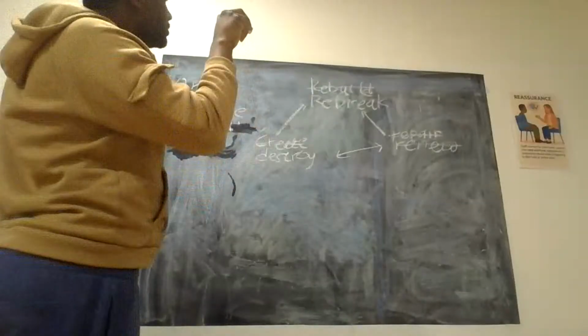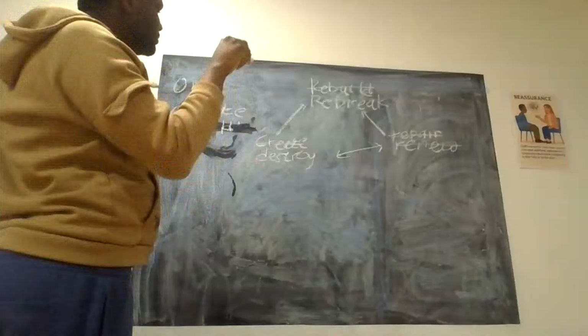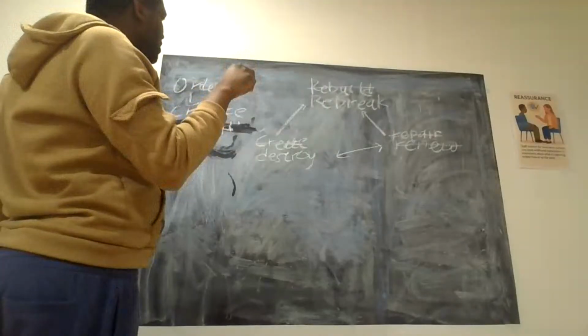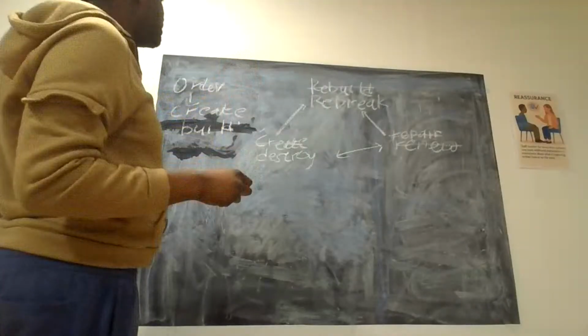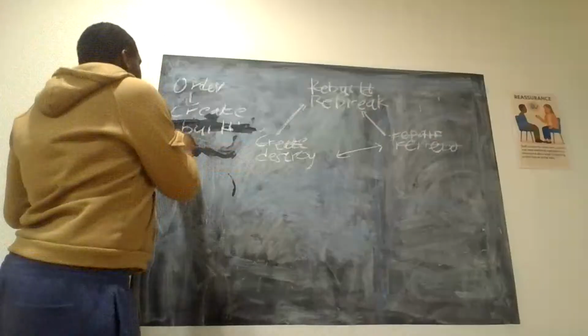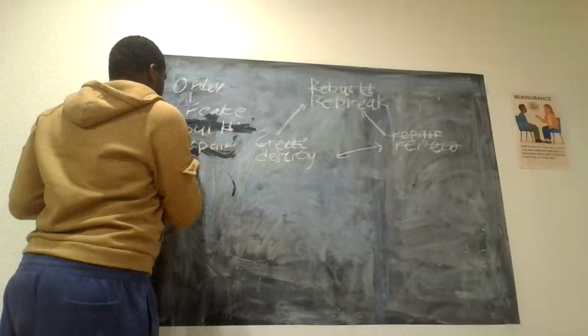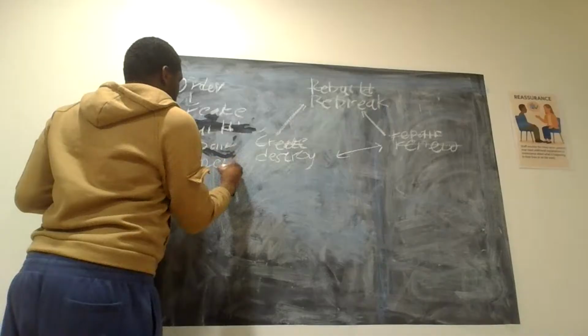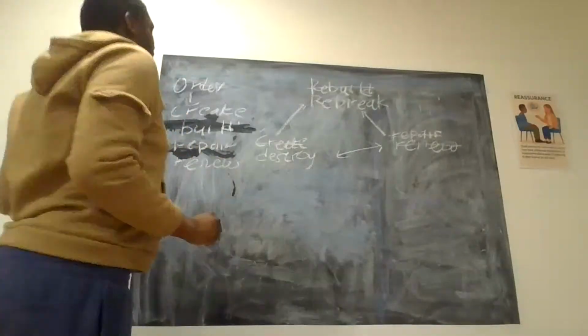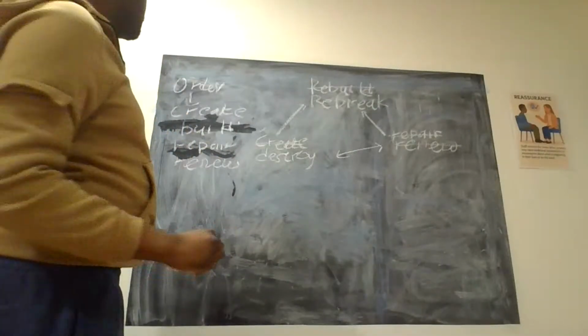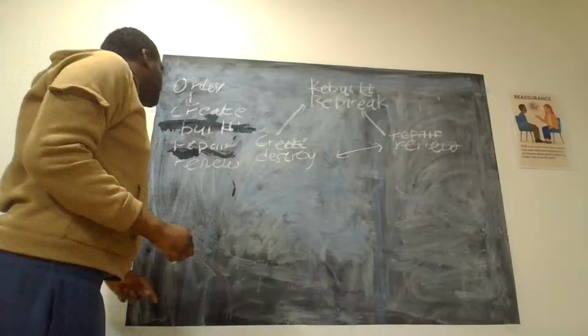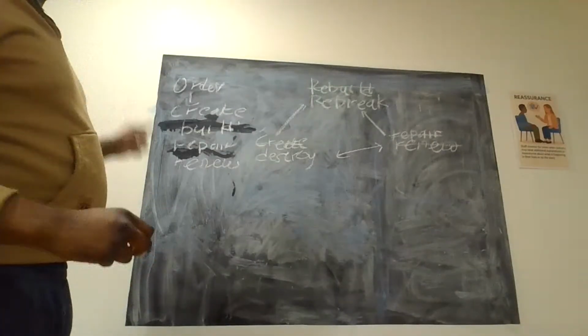Create, build, repair, renew, repair, then renew. Repair, then renew. That's it. So this order one will be create, build, repair, renew.